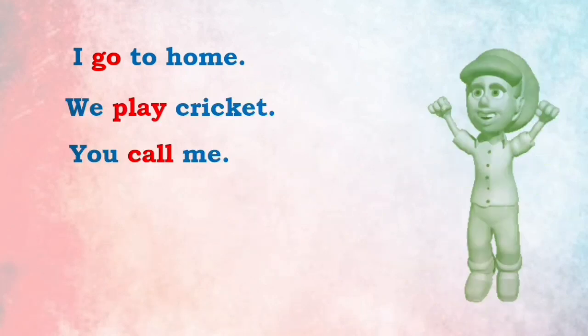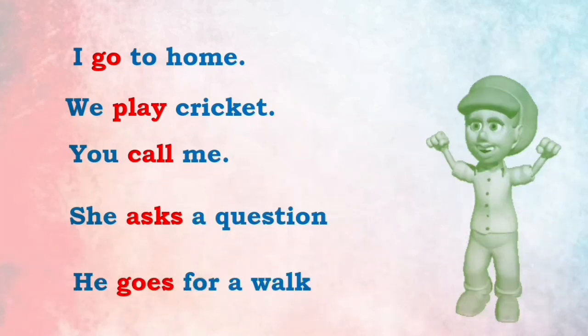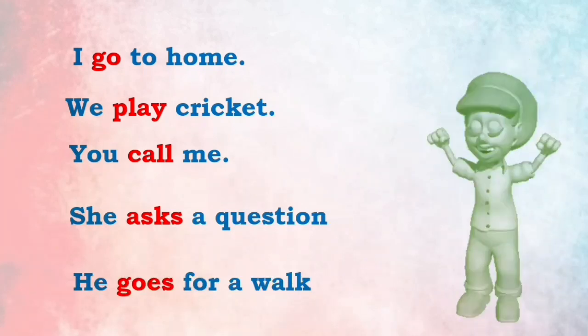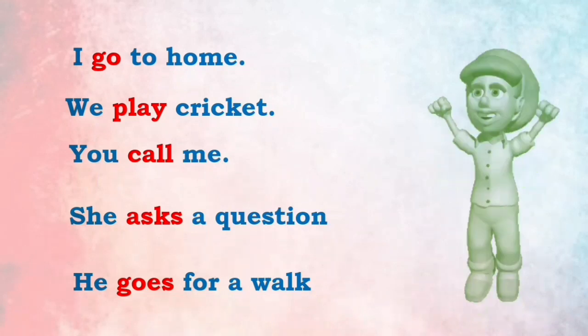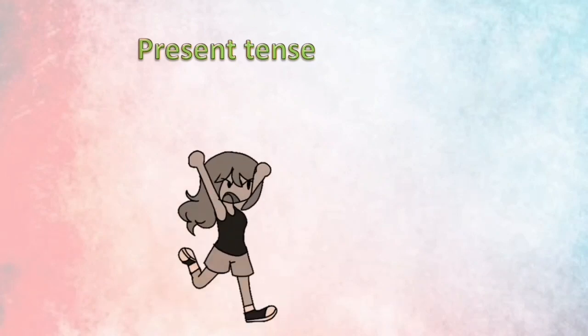Examples: I go to home, we play cricket, you call me, she asks a question, he goes for a walk. Here the red colored words are verbs. Verbs have three forms: present tense, past tense and future tense.